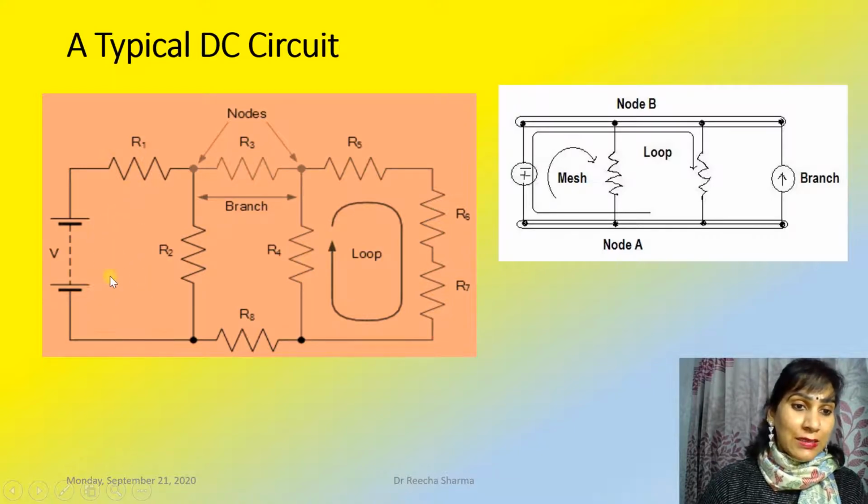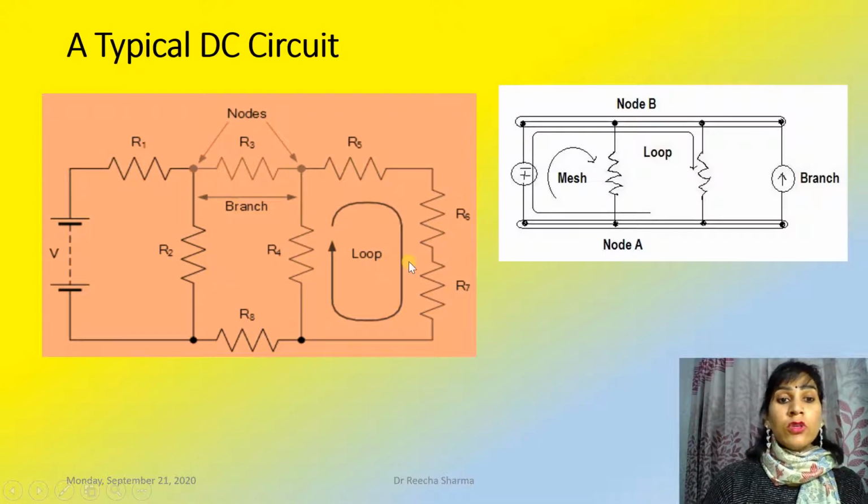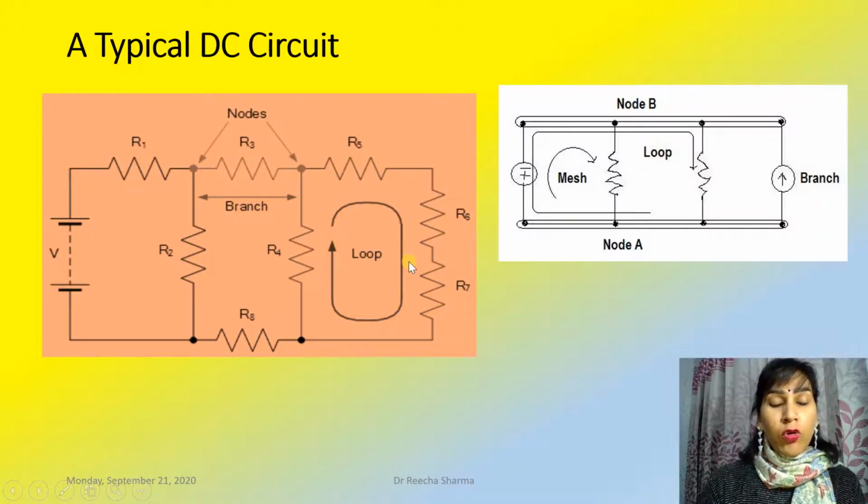This loop is considered as a mesh, this loop is considered as a mesh, this loop is considered as a mesh, but the outer loop is not considered as a mesh because it consists of the inner loops also. So there are 4 loops and 3 meshes. So here I described the terms node, branch, loop, mesh.